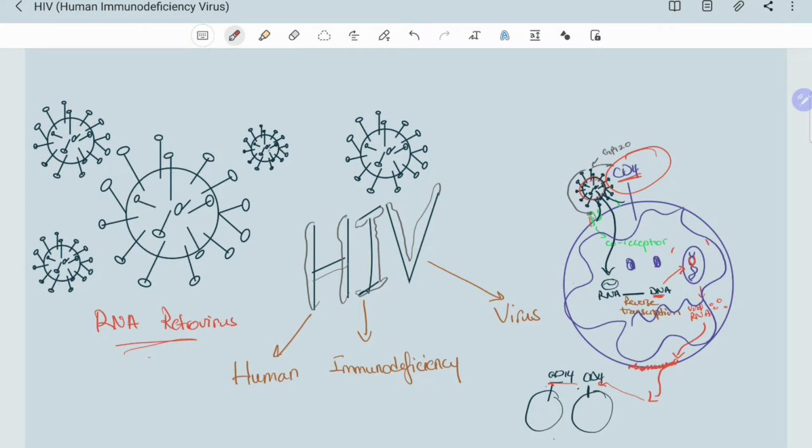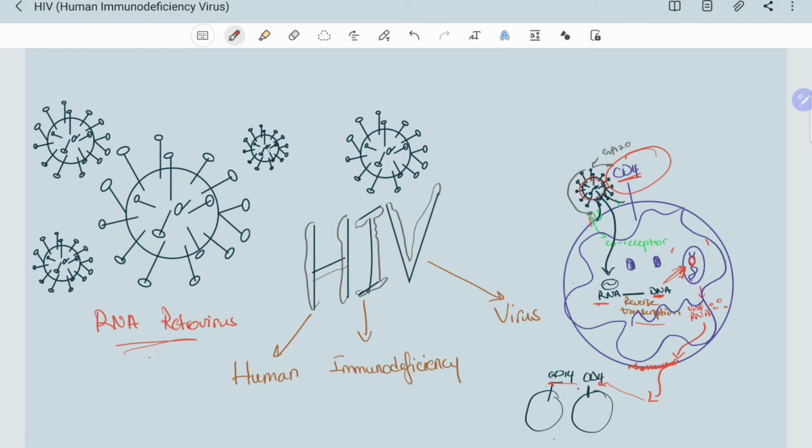Once it gets access to the cell, the virus's genetic material, RNA, is converted into DNA in a process called reverse transcription. All right? So the viral DNA is then inserted into the host cell's DNA, where it remains for the lifetime of the cell.